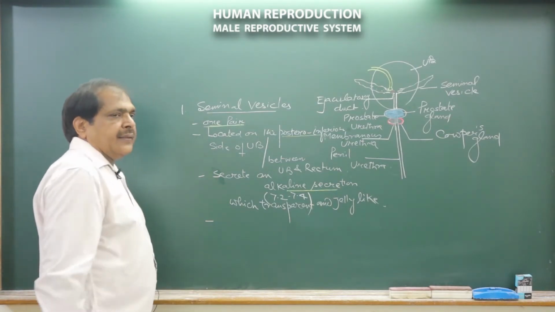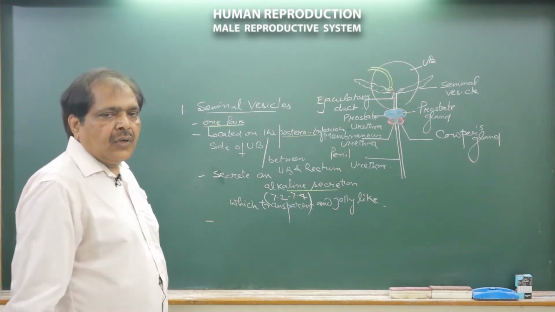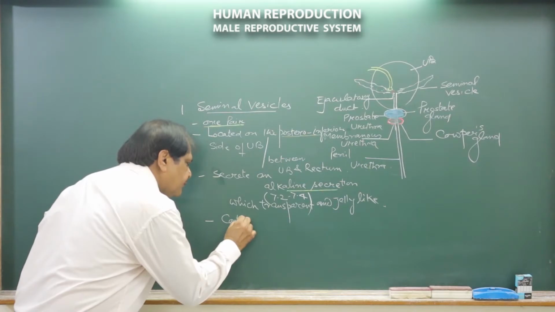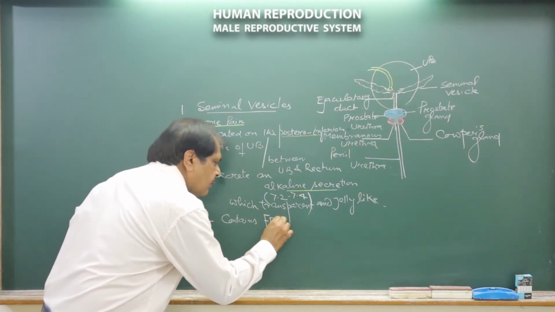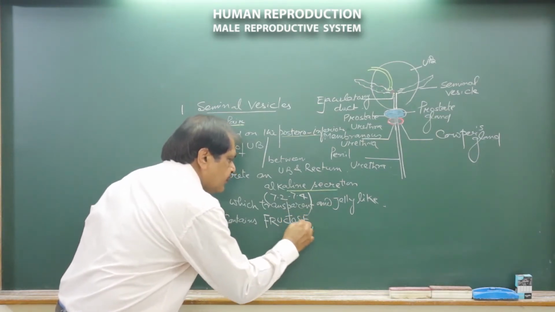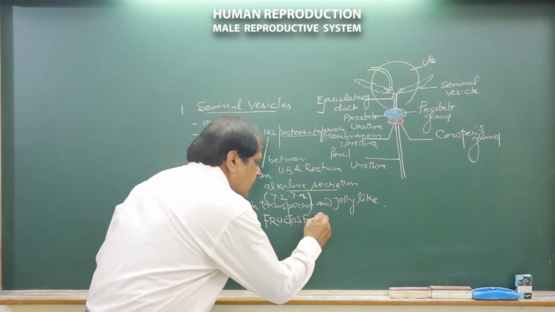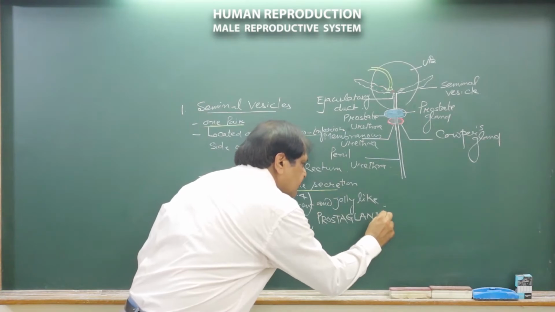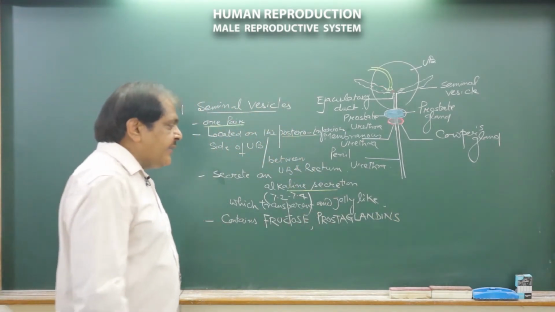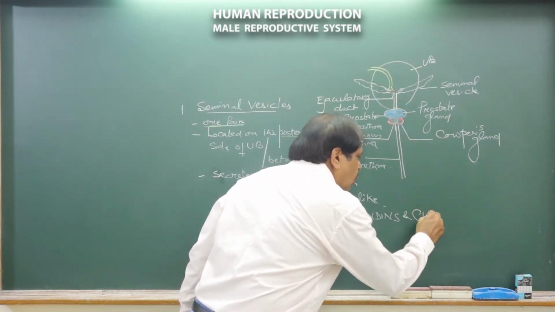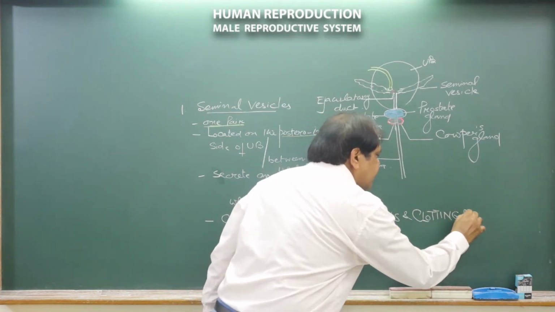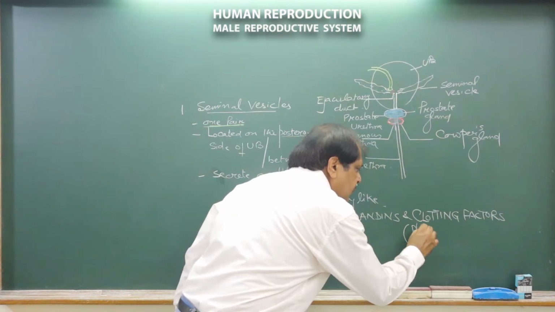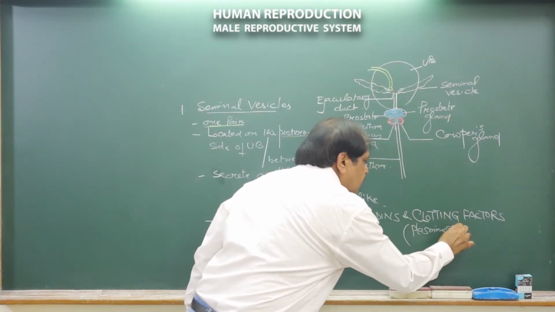Now, fourth point, very important. The secretion of the seminal vesicles contains fructose, prostaglandins, and clotting factors, like plasminogen, fibrinogen.